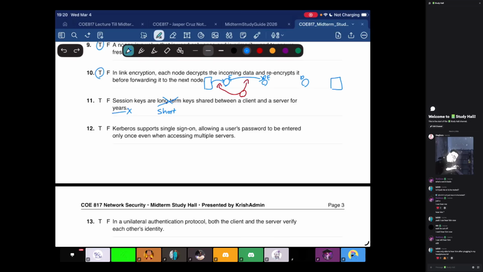Once you get that, that session key needs to get renewed or it will change. The authority, whoever is in charge here, either the Kerberos server or the KDC, will manage that change. So this statement is false.